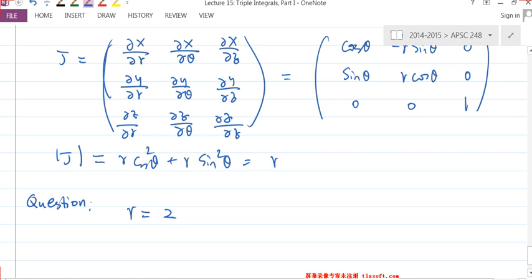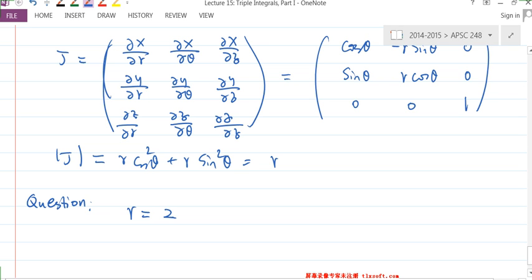So now you have to think in terms of cylindrical coordinates. r equal to 2 means a constant radius, right? In the xy plane, r equal to 2 represents what? A circle.